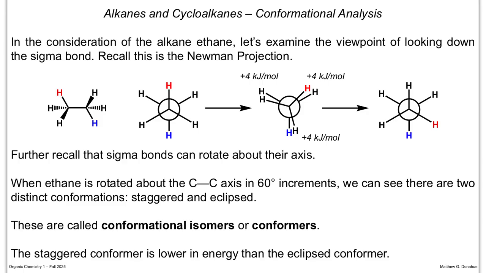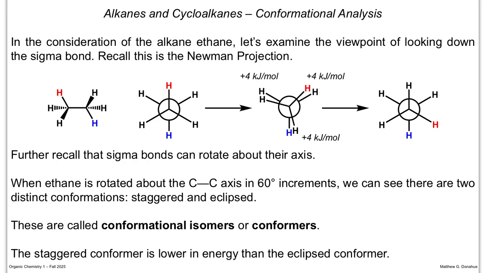I'm keeping the back. When you do this, you want to keep something stationary. You can't move 2 things at once, so you need a reference. So I'm keeping the blue one, if you notice, down for every rotation. So when you look down that, all of the substituents are staggered.